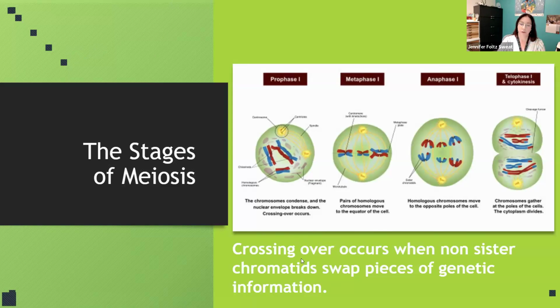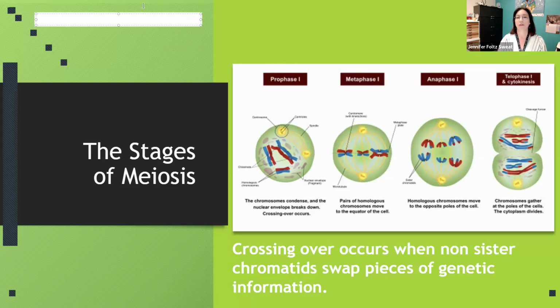All right, so meiosis 1, meiosis 2. Everything that occurs in meiosis 1 is occurring to homologous chromosomes, right? Homologous chromosomes line up in metaphase. Homologous chromosomes are pulled apart in anaphase, whereas everything in meiosis 2 is happening to sister chromatids.